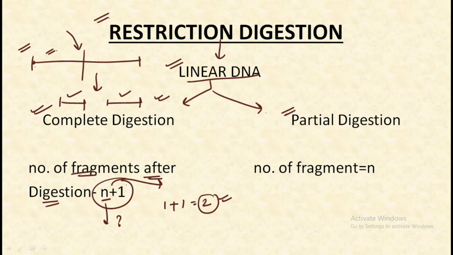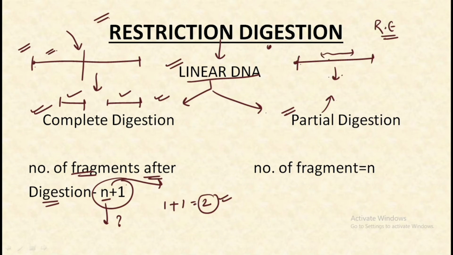Second one is the partial digestion. The partial digestion depends upon the question that we are given. Consider we are given this linear DNA, and the partial digestion is occurring because of some restriction enzyme which is not present in this linear DNA.